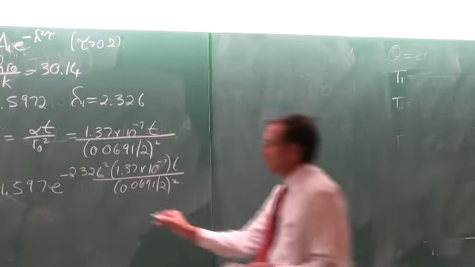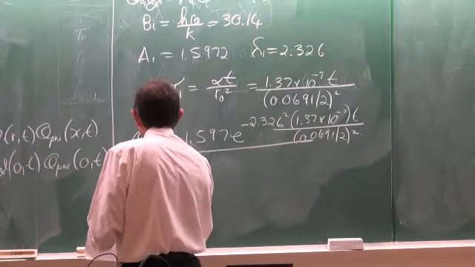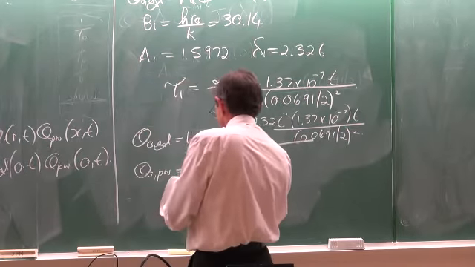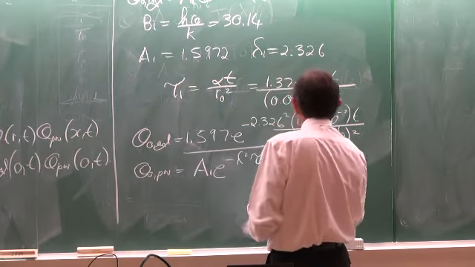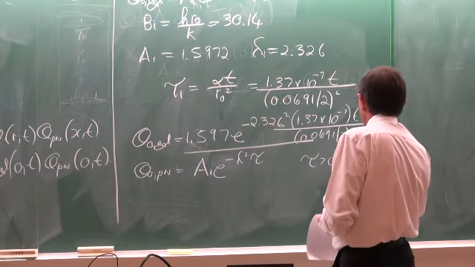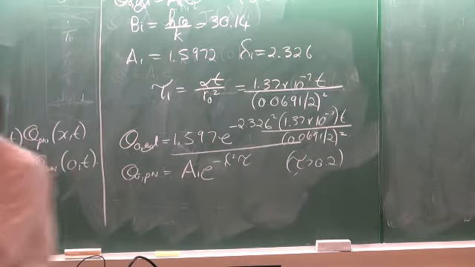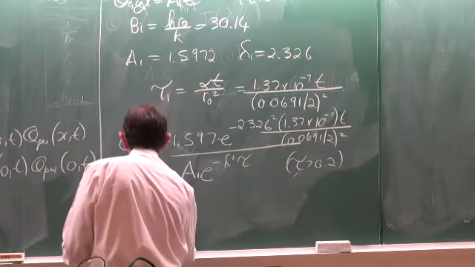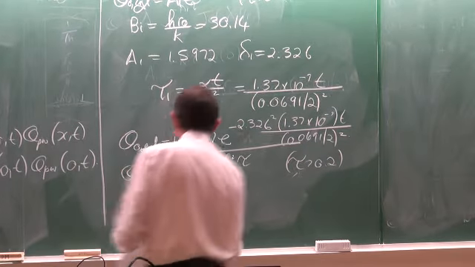Okay, now for the plane wall. For the plane wall, again, we can say the non-dimensionalized temperature is equal to A1 e to the minus lambda squared multiplied by tau. Again, we assume or hope that tau is going to be larger than 0.2. Calculate the Biot number, which in this case is equal to hL divided by k.